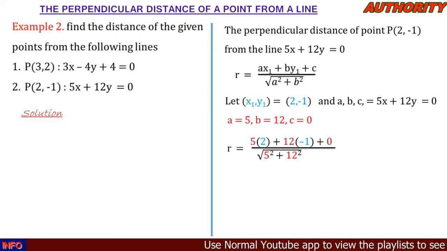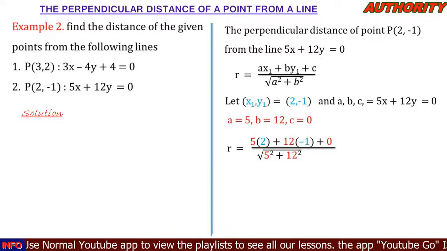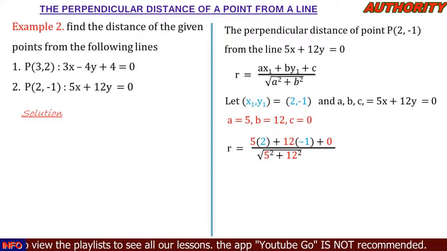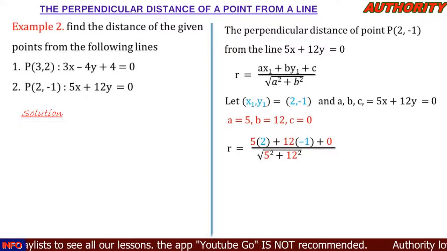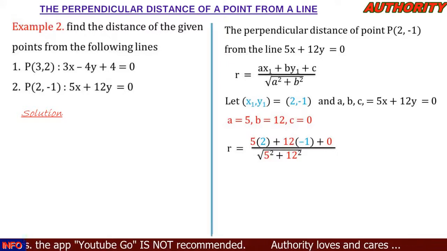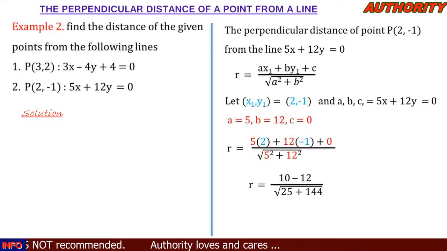So we're going to have r is equal to 5 open bracket 2 close bracket plus 12 open bracket minus 1 close bracket plus 0, all over square root of 5 squared plus 12 squared. So in our numerator we have 5 times 2 is 10, and then 12 times minus 1 is minus 12. So we have 10 minus 12 all over square root of 5 squared is 25, and then 12 squared is 144.